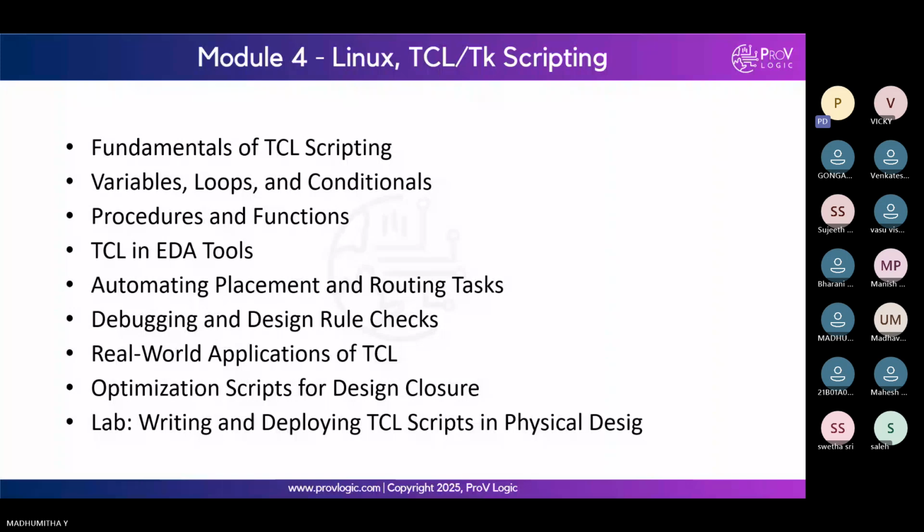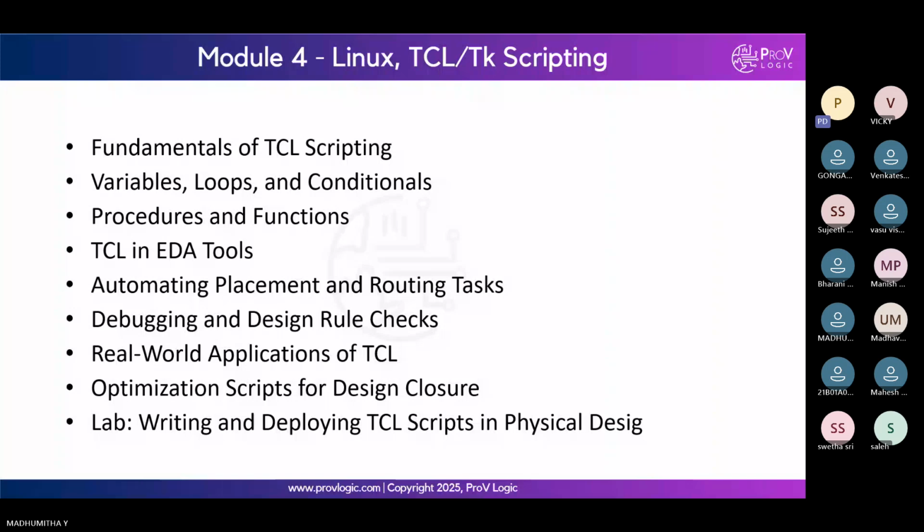CAD tools means which tools? We don't call them CAD tools. We call them EDA tools, which stands for electronic design automation tools. The most widely used tools are from Synopsys and Cadence.